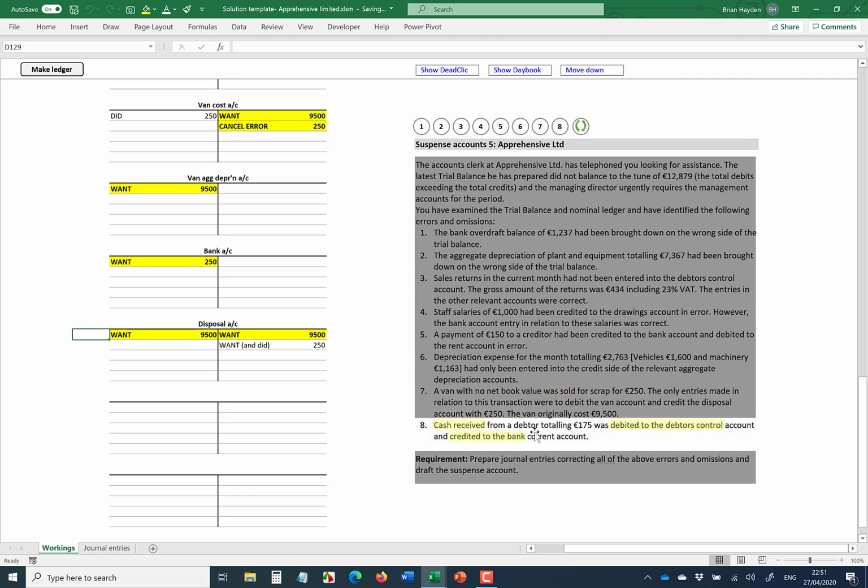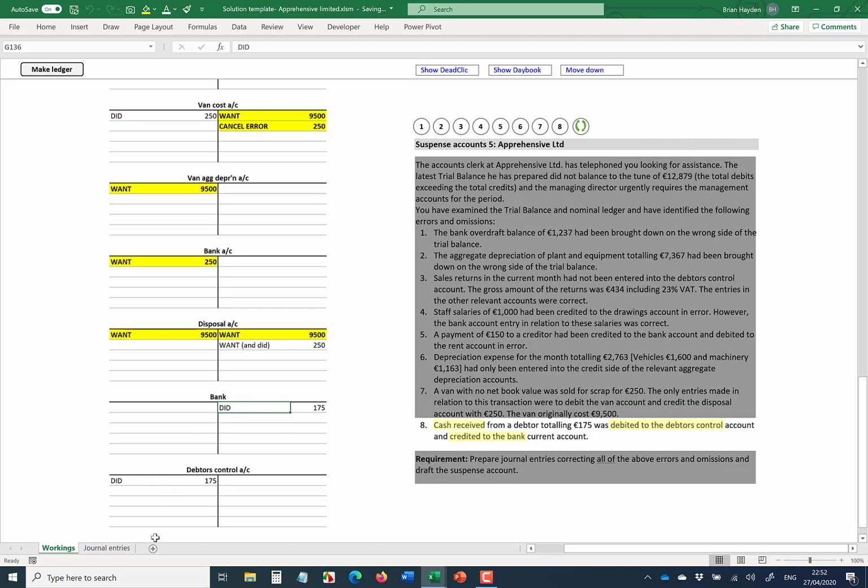Item 8. Cash received from a debtor totaling $175 was debited to the debtor's control account and credited to the bank account. So the two accounts that were used were the bank and the debtor's control account. So we debited debtor's control account, and we credited bank with $175. So at least our debits and credits matched.